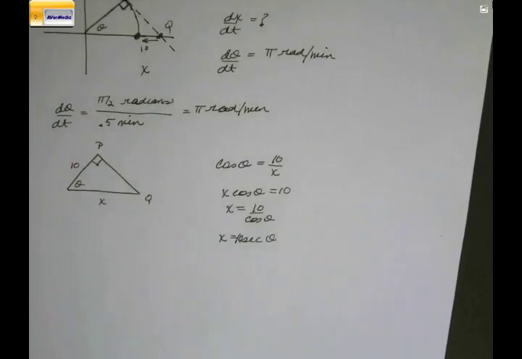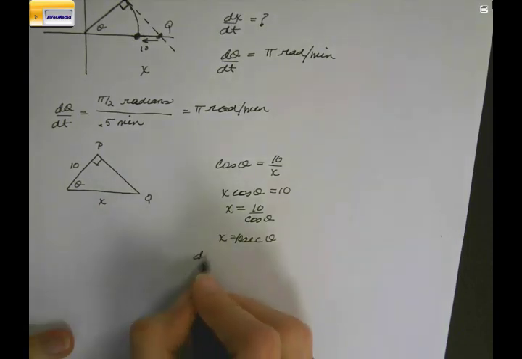So now that we're there, we've got to get dx dt. So we've got to have x because we're looking for dx dt. Okay, and we know what d theta dt is. So we're looking for x and theta to be in this formula, and there it is. So now let's take the derivative.